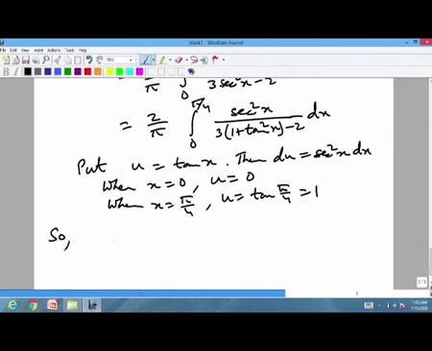So, I is equal to 2 over pi integral from 0 to 1 of du over, this was 3 tan square x. So, 3 u square plus 1.